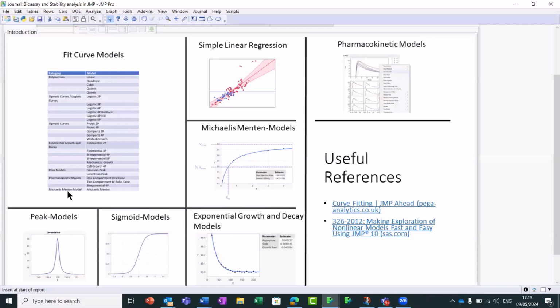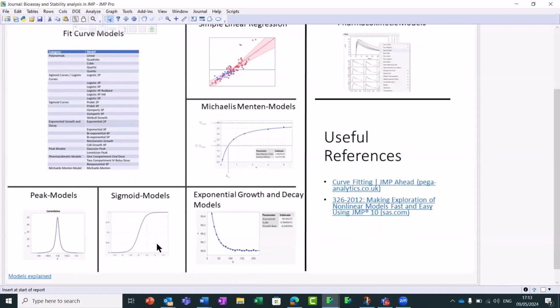This platform is very useful in situations where you have well-known nonlinear equations that describe the relationship between the variables, especially in the field of physical and biological science.